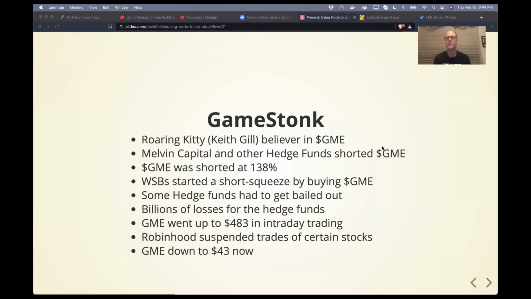So last time I checked, it was at $43. It may be higher or lower at this point. But the net effect was that everybody tried to buy the stock, the price shot up. Some people made a lot of money, some people lost a lot of money. And hence, that's why they were having a conversation on Capitol Hill today about what was going on.